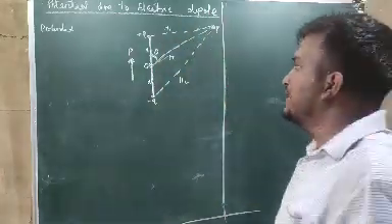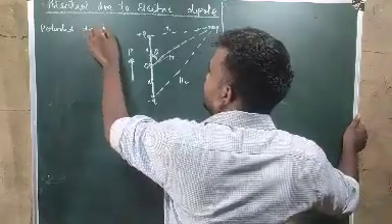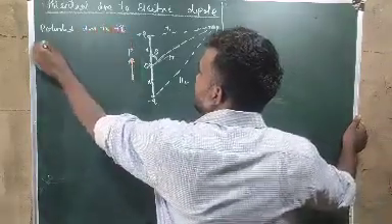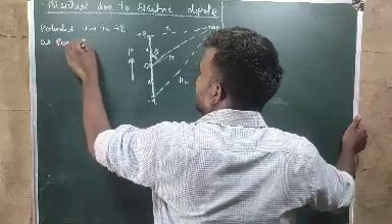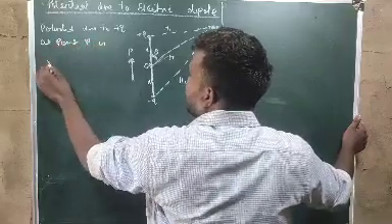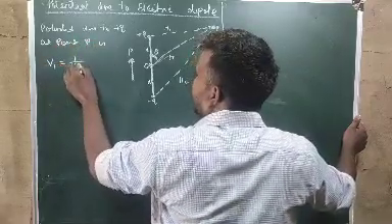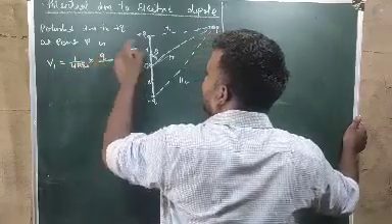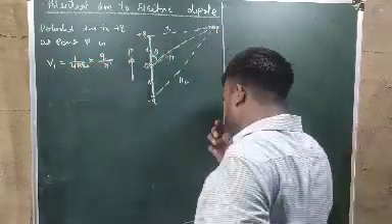Now, the potential due to plus Q at the point P is V1 equal to 1 by 4 pi epsilon naught into Q by R1, since the distance is R1.